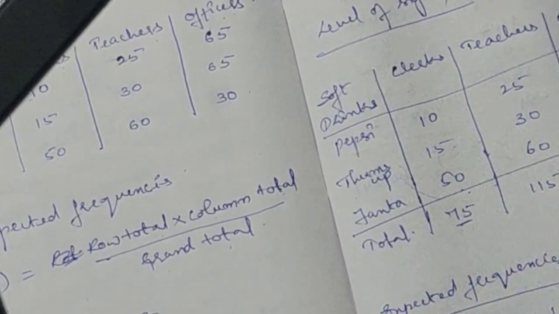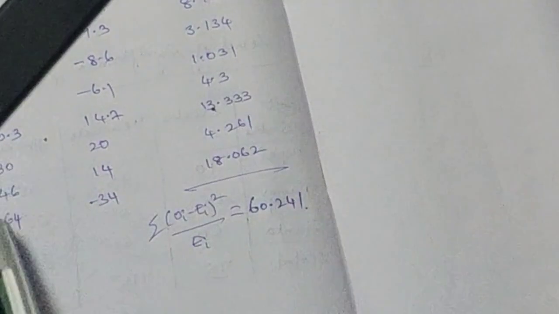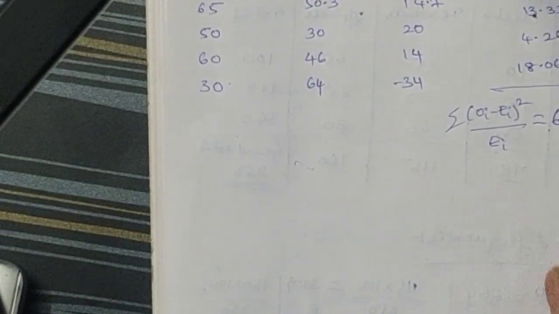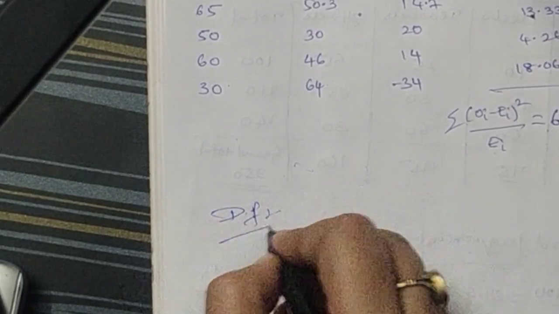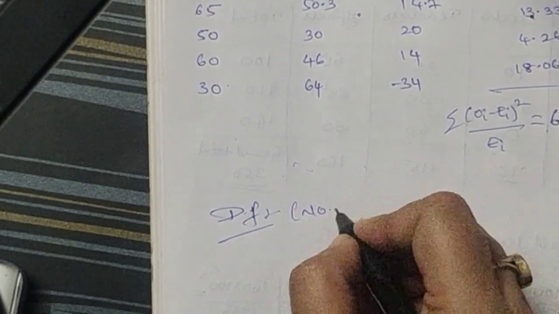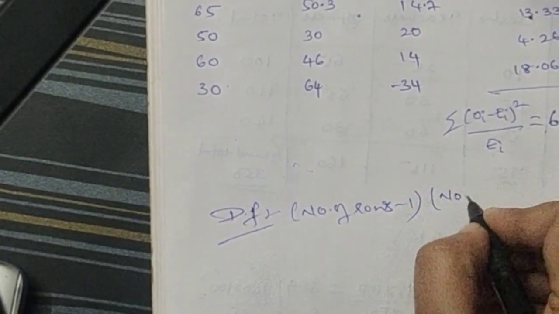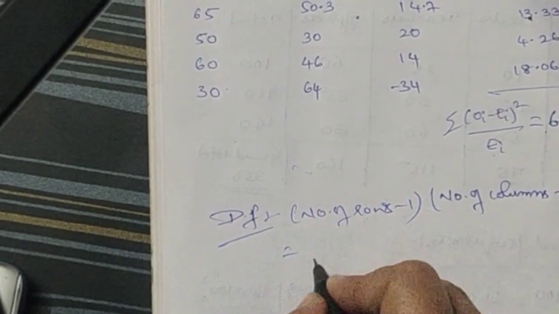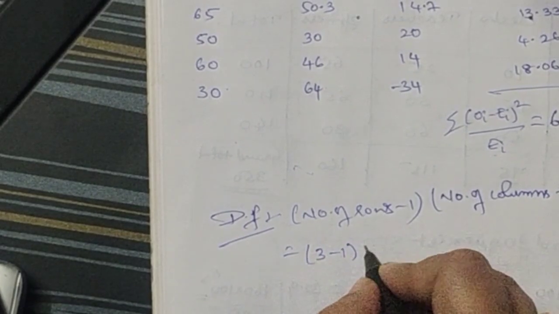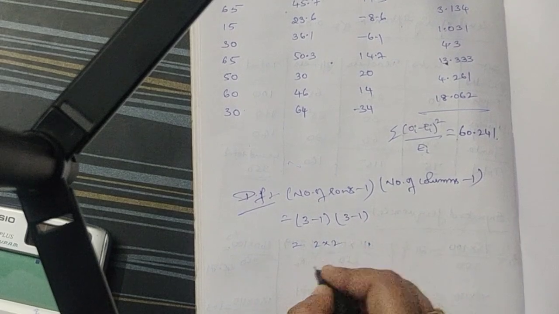So, your degree of freedom is equal to number of rows minus 1 into number of columns minus 1. So, 3 minus 1 into 3 minus 1, it is equal to 2 into 2, which is equal to 4.